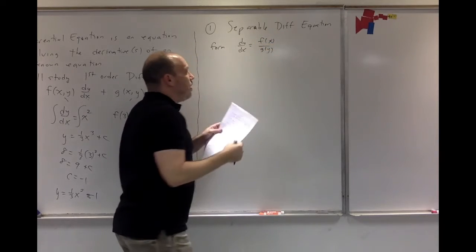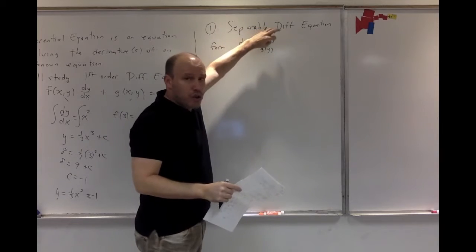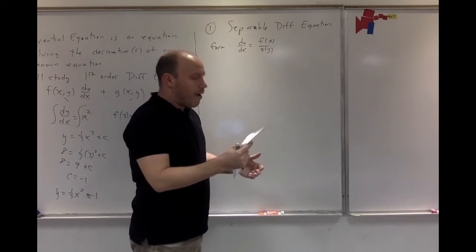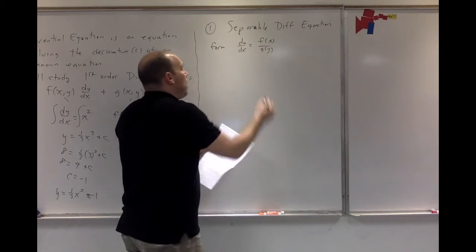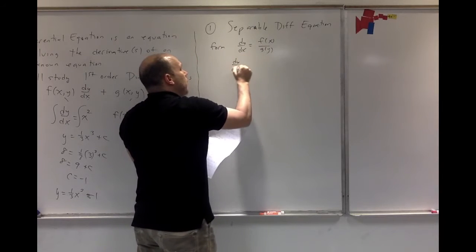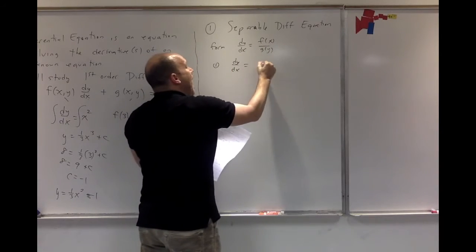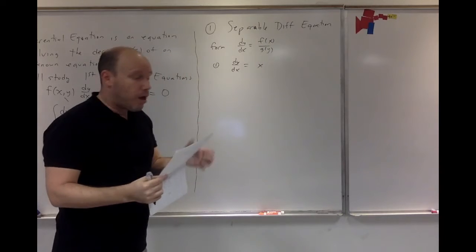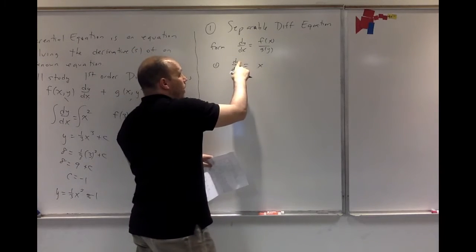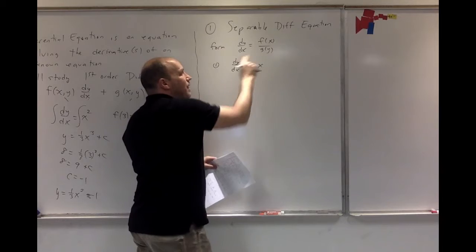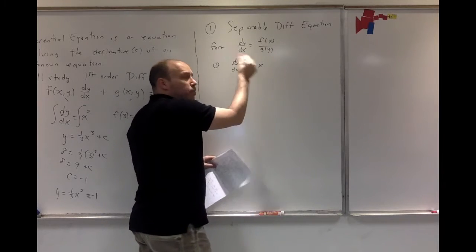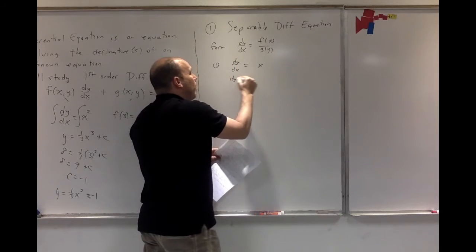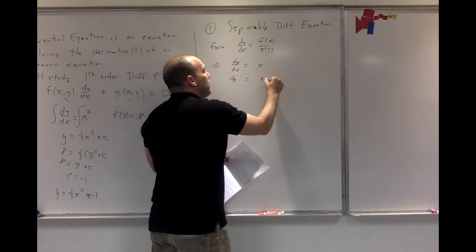Once again, there's just a function of x and a function of y. So let's start with something simple. How about dy over dx equals x? Okay. So I say, I want the dy's on the left, and I want the dx's on the right. So I multiply both sides by dx, and I have dy equals x dx.